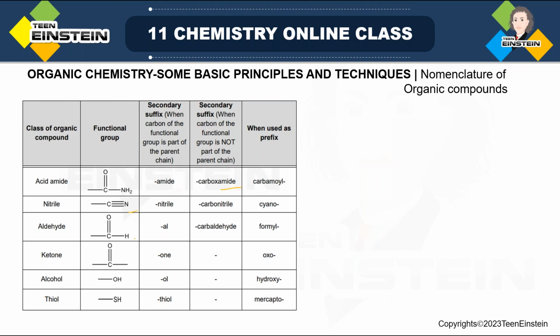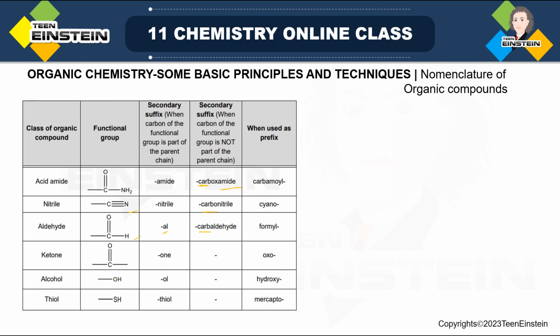So just like that, we have so many other groups. It is basically aldehyde. We call it al, but when it is not part of the parent chain, or you can say it is a ring compound, cyclic compounds mostly, it is applicable. Then carboxamide, carbonyl, carbaldehyde. Ketone.